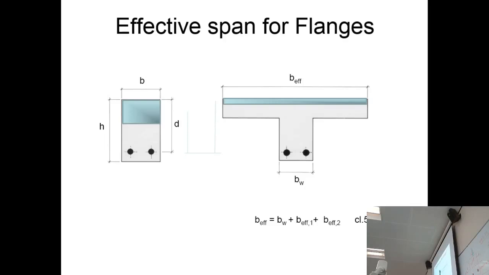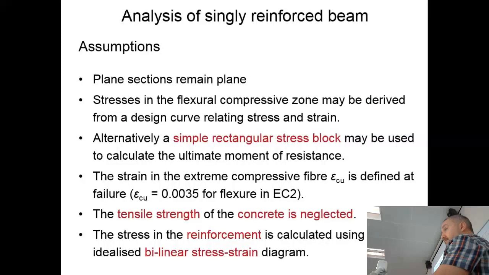If you do have wings either side, to work out the effective B value, you have little formulae of what you would use to work out what that is. And there's a lot of assumptions. These are in table 3.1 on page 29, and I think we've covered them.